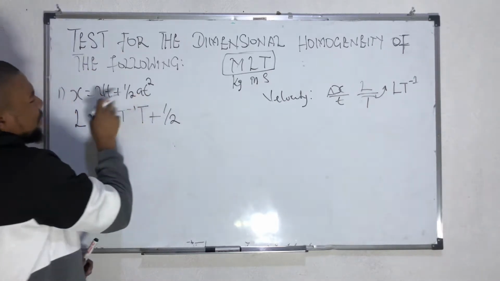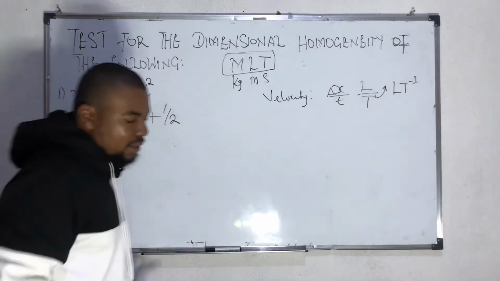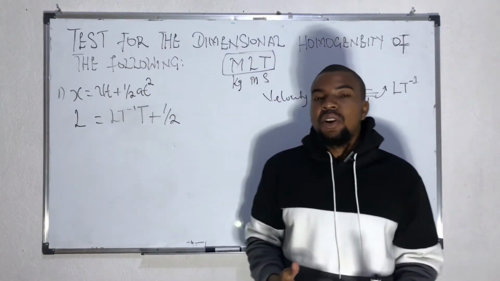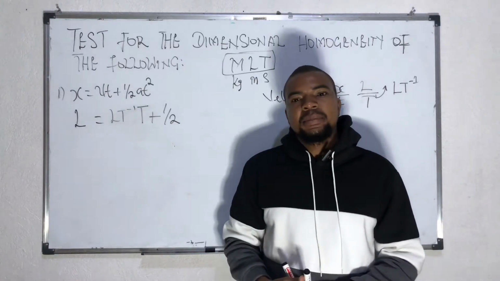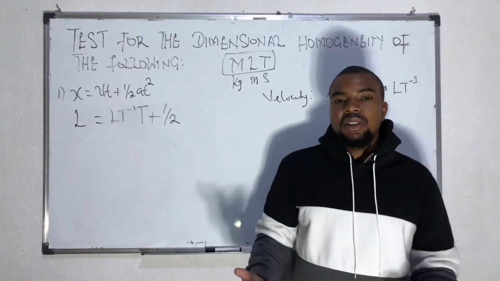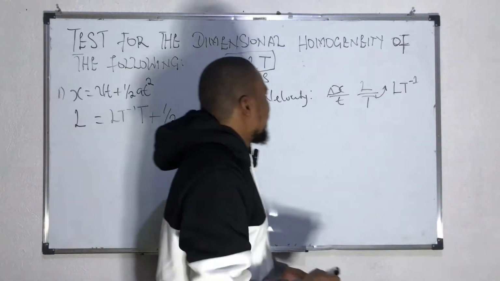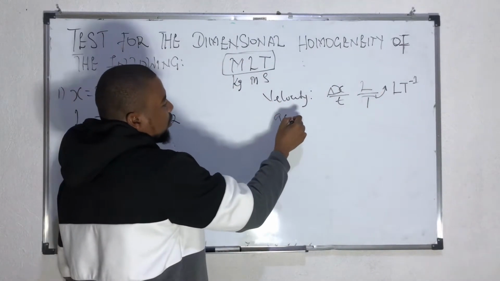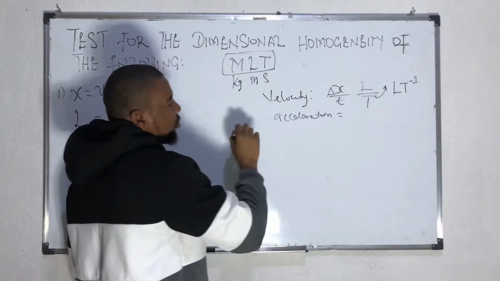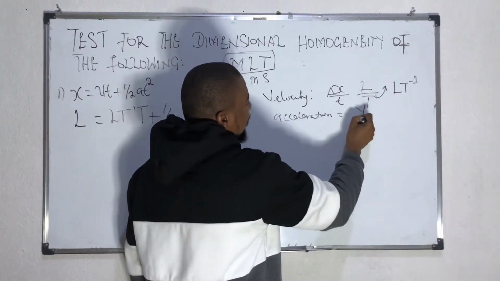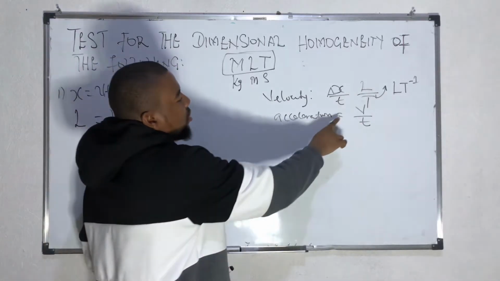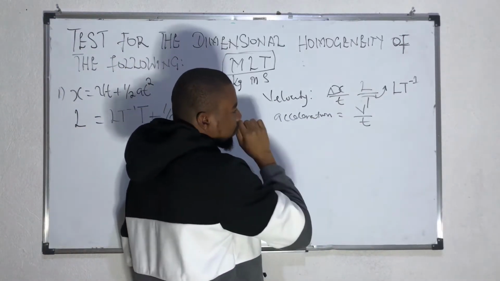Now, the next one is the dimension for acceleration. What is acceleration? Well, acceleration is simply the rate of change of velocity with respect to time. So we can now say acceleration is equal to V over T. Now, the rate of change of velocity with respect to time.